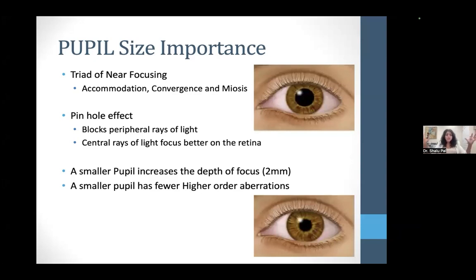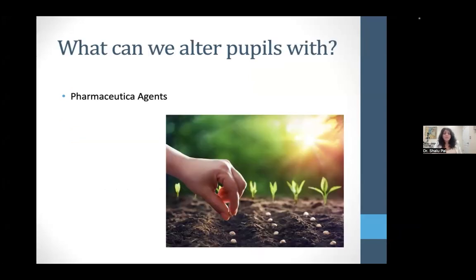You're reducing all of those higher order aberrations and all the rays of light that are coming in at angles creating those distortions. You can reduce all of that by impacting the size of the pupil. So pupil size is important. So how do we alter pupils? I'm planting another seed about pharmaceutical agents here.